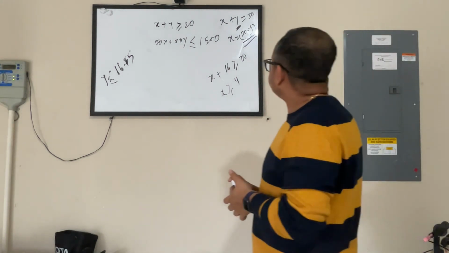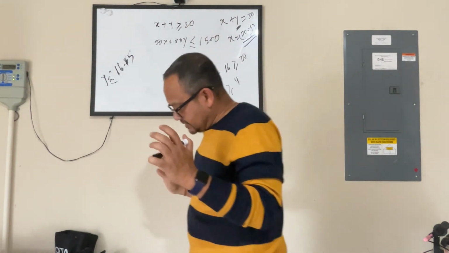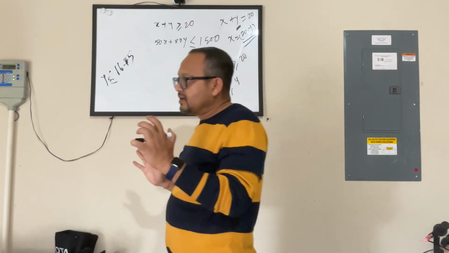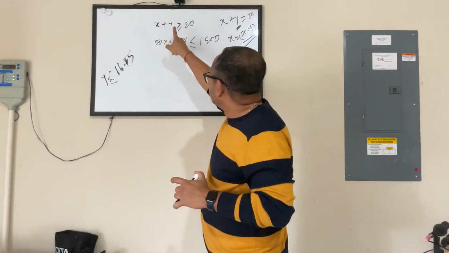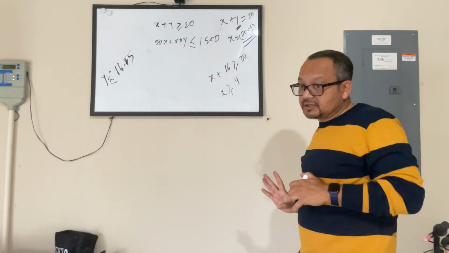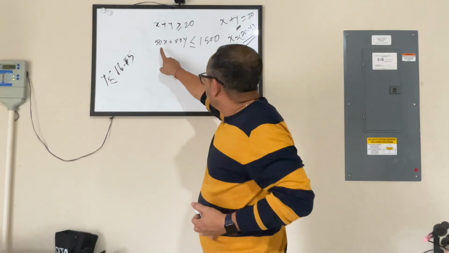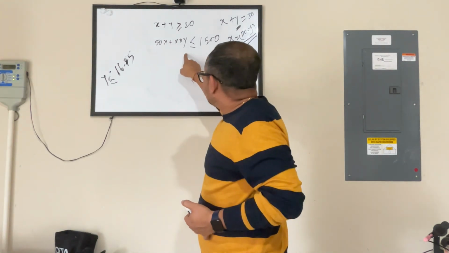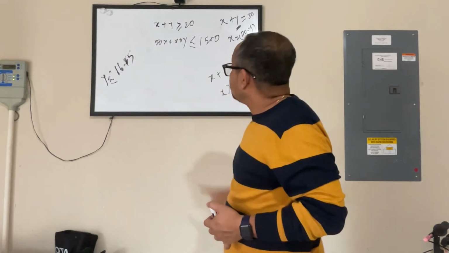So these are two equations. It says if I have the total number of boxes, 50 pound plus 18 pound, it has to be greater than or equal to 20. And the total weight that it can carry has to be less than or equal to 1500.